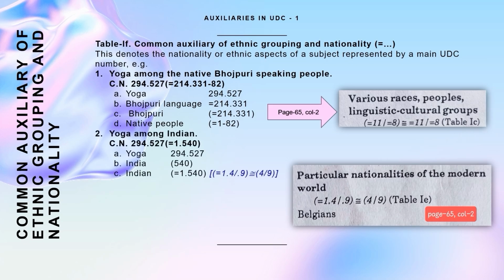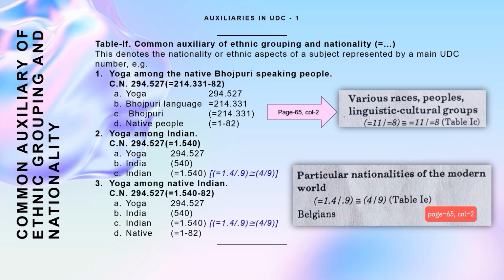And next example is yoga among Indian. So, class number of the yoga is 294.527. India is within parenthesis 540 and Indians. So, we will construct the Indian class number, that is within parenthesis equal to 1.540. Here is an instruction in the schedule page 65 column 2, that is within parenthesis equal to 1.42 stroke 0.9 subdivided as within parenthesis 4 to 9, that is from the place auxiliary.